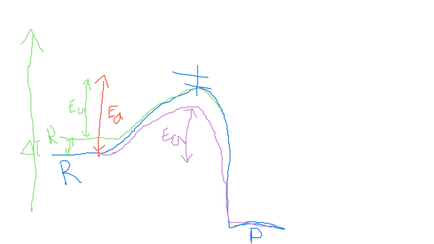So increasing temperature of the reactant is going to give you the green line, and that is lower activation energy. Adding a catalyst would lower the energy at the transition state. That also translates to lower activation energy. And any factor that can lower the activation energy is going to give more product.